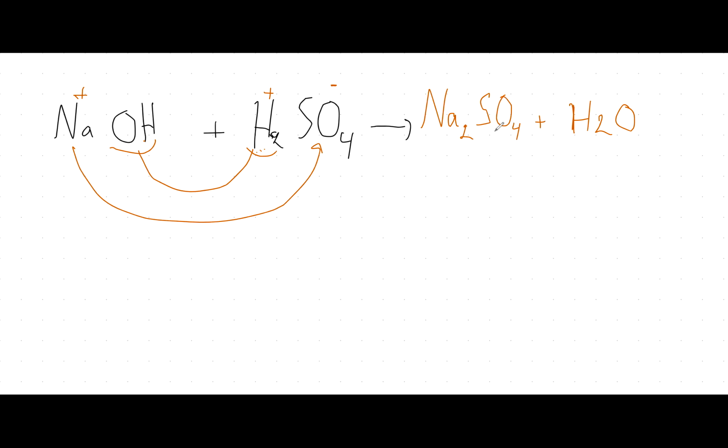Because sulfate is 2 minus and sodium is plus 1. So this is my product and we call it a neutralization because when one compound has OH and the other compound has H, for sure we have a neutralization.